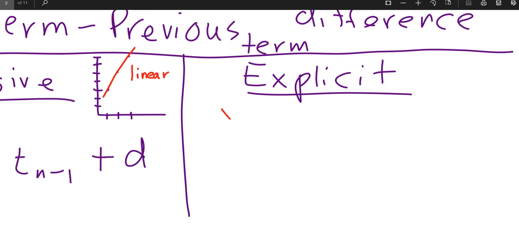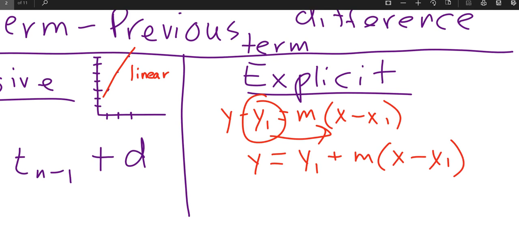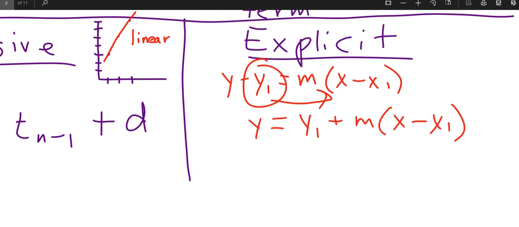Now, as a reminder, point slope looked exactly like this: y minus y1 equals m times x minus x1. I'm going to modify it a little bit. I'm going to take this term and move it to the other side, and so it would look like this. How does that relate to the notation of these functions?